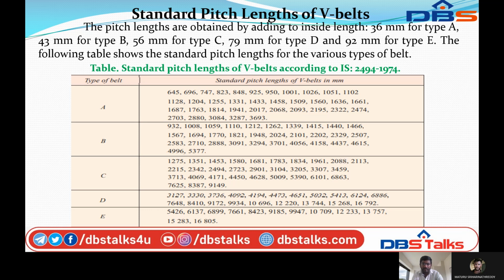This is the final value of the pitch length of the V belt in type D. Coming to type E, the range is 5426, 6137, 6899, 7661, continuously increasing to finally 16,805, the standard pitch length of the V belt. These standard pitch lengths of the V belt are also used for the problems.